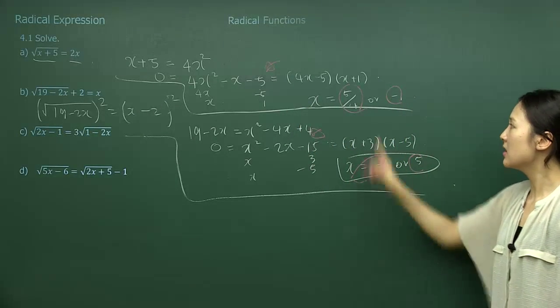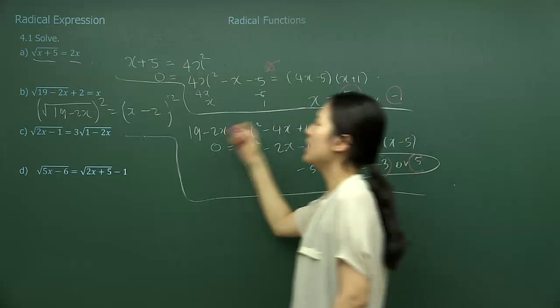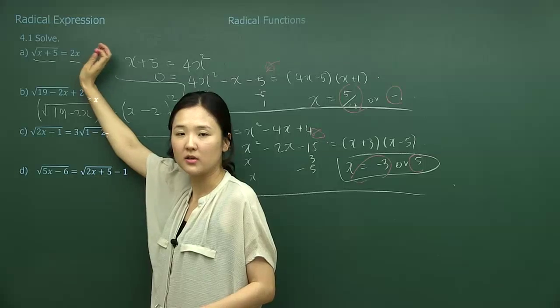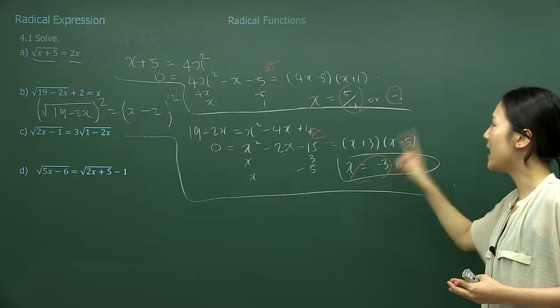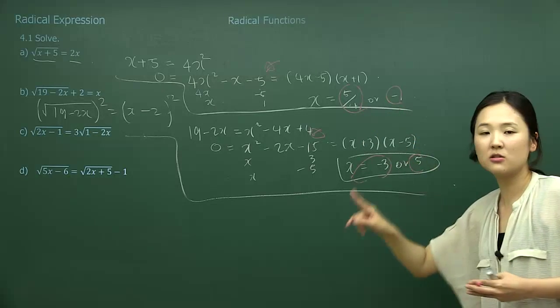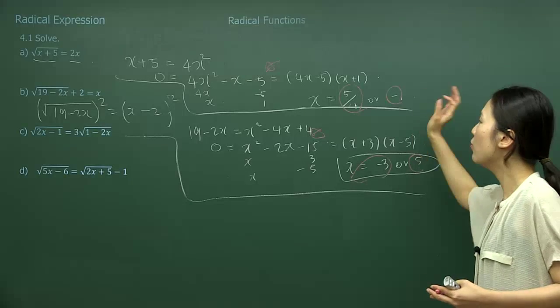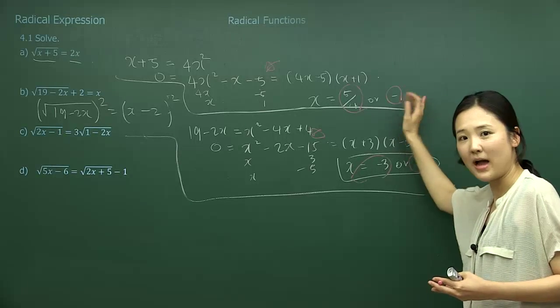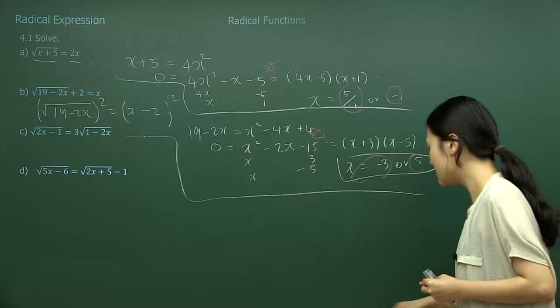The thing is, what we solved in order to get the x was not the initial format of the expression. It was the quadratic expression. Sometimes the value that you get is actually not the correct value of x. We need to confirm whether the values are correct or not by plugging them back into the initial expression. Sometimes it's not the right value.